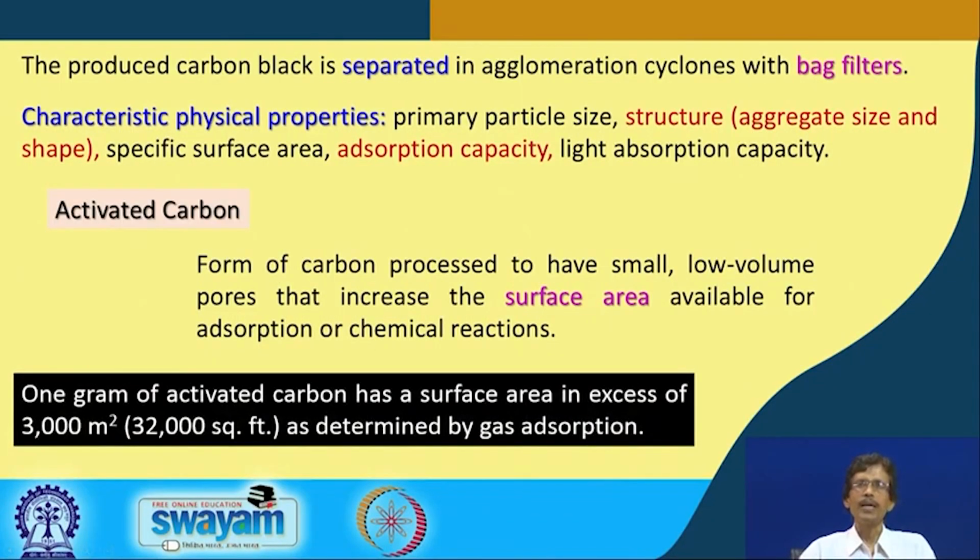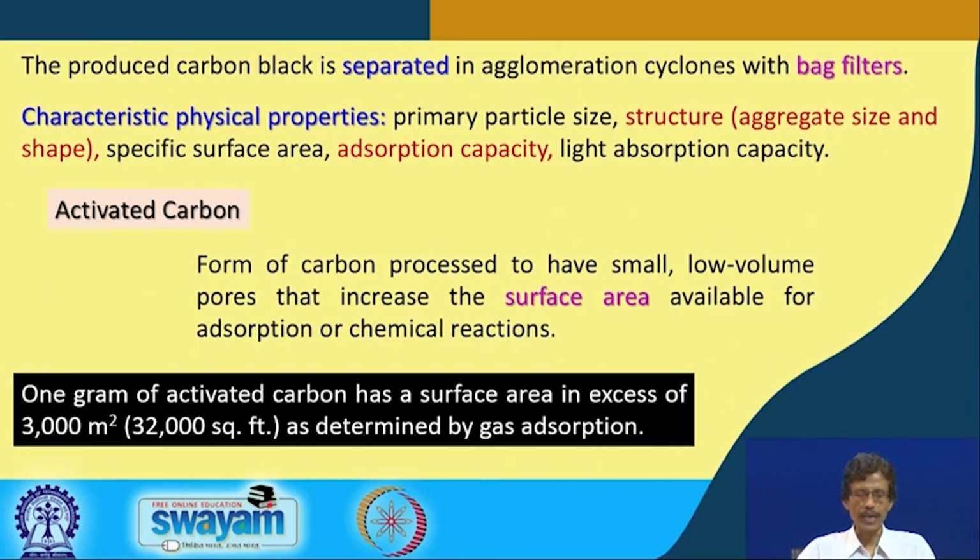Then typically what should be the value for this surface area? For 1 gram of activated carbon, how do we characterize whether we have a quality activated carbon in our hand after the preparation? It should have a surface area in excess of 3000 meter square. 3000 meter square is ideally a very good amount of surface area, which is equivalent to 32,000 square feet as determined by gas adsorption.